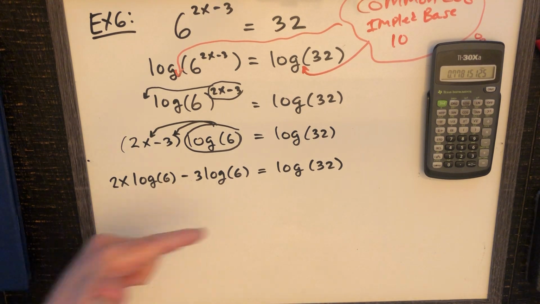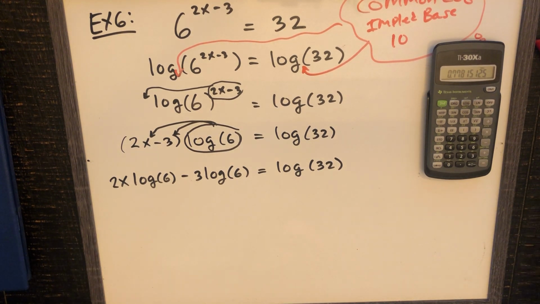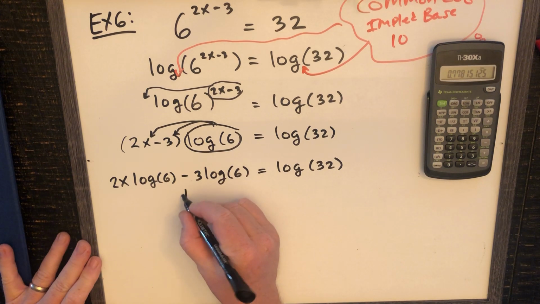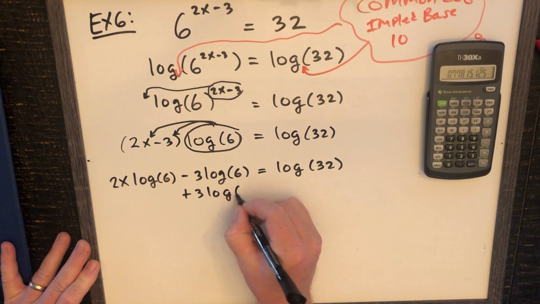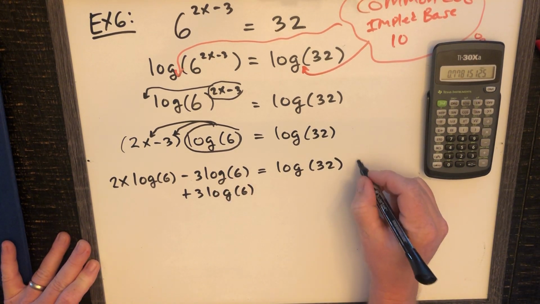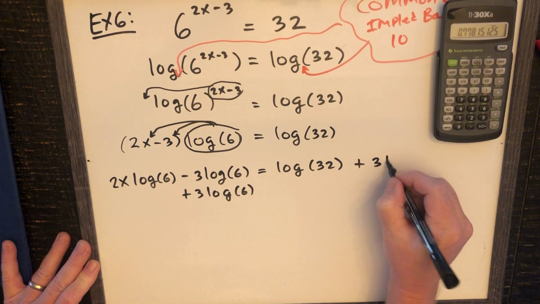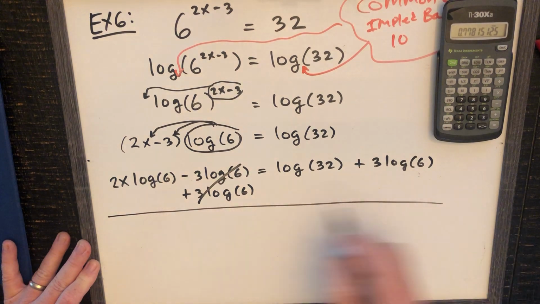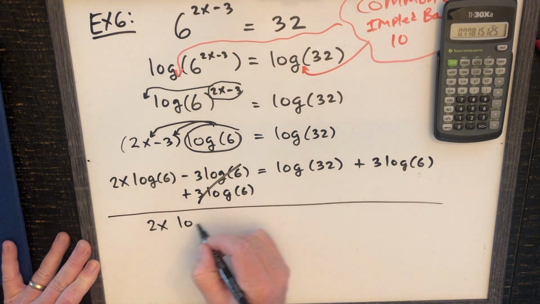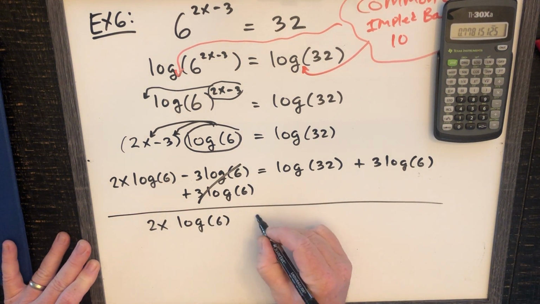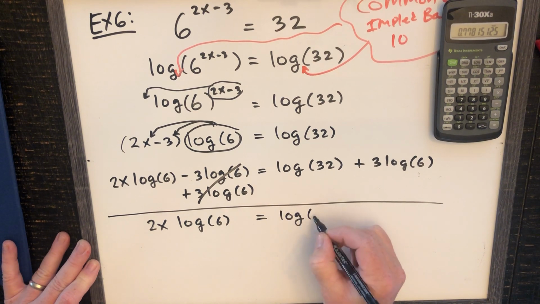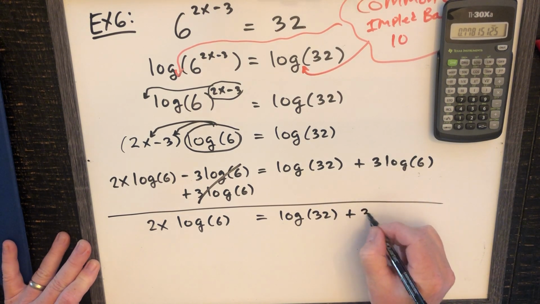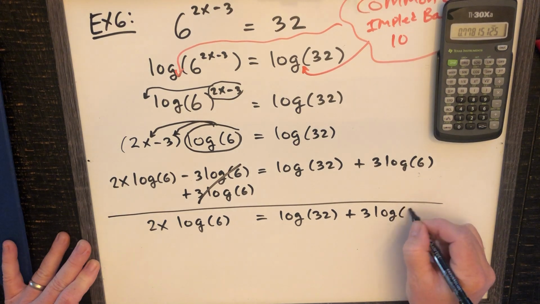So now you need to resolve this equation, get everything onto the other side except your x. I'm just going to move my 3 log 6 onto the right-hand side. And that brings me to 2x log 6 equals log 32 plus 3 log 6.